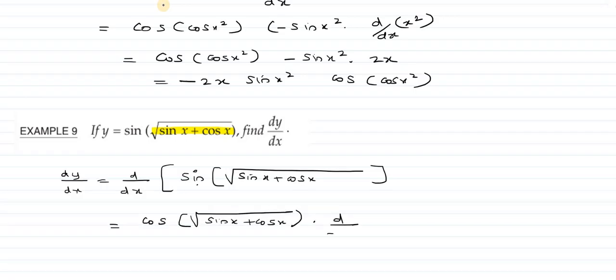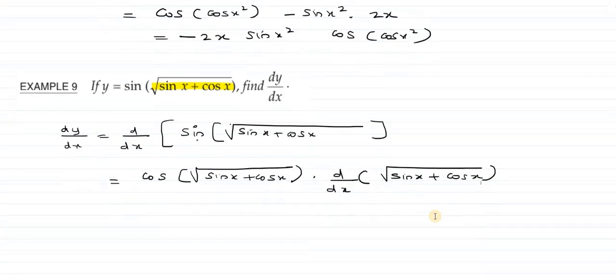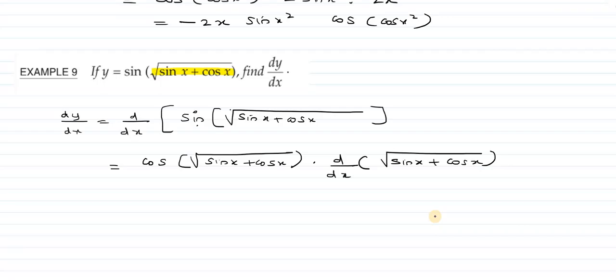Then what is my duty? I have to differentiate the angle with respect to x. Angle is what? Under root sin x plus cos x. Any difficulty? First is the function, then we are differentiating the angle. So cos of under root sin x plus cos x, dot, here again power is there, right?